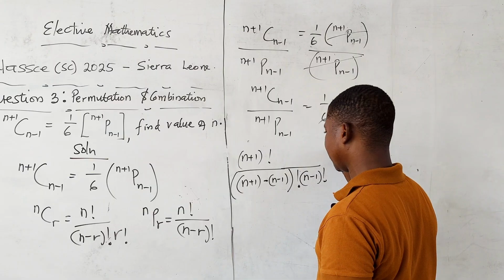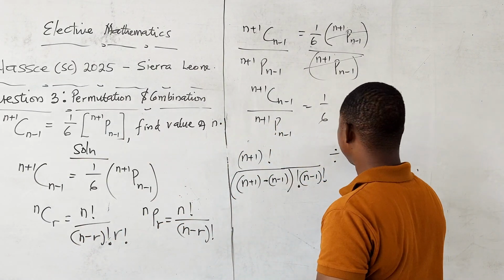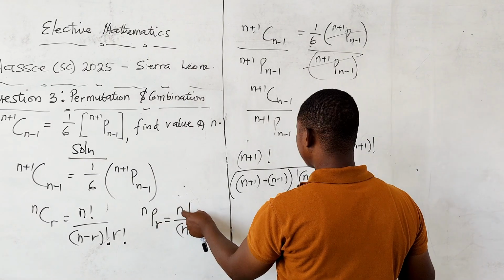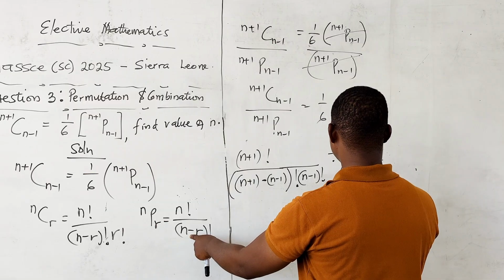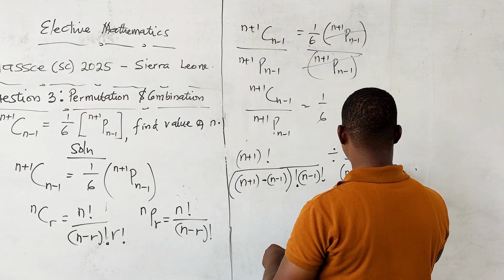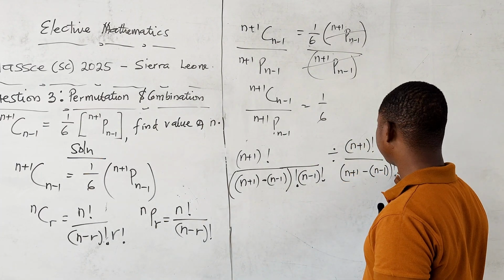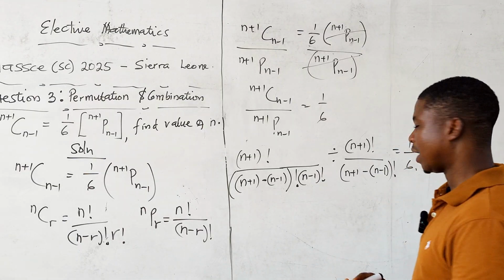Divided by, I'm dividing by this one, where we have (n+1) factorial, because permutation is also having that, over (n+1) minus r, which is n minus 1 factorial, equal to 1 out of 6.